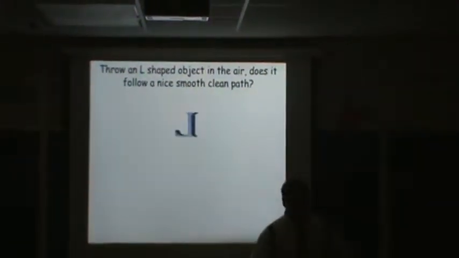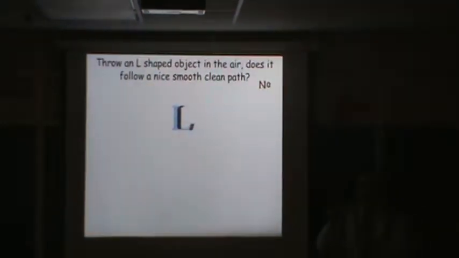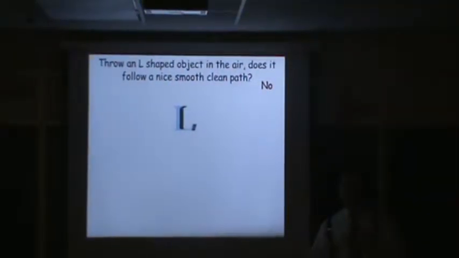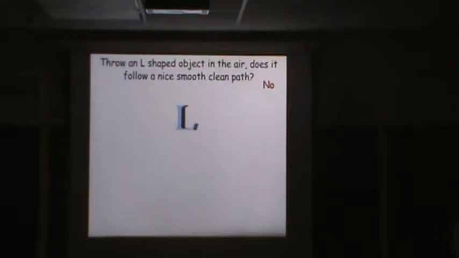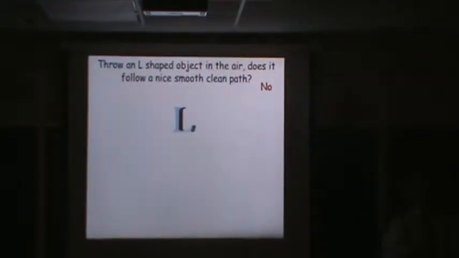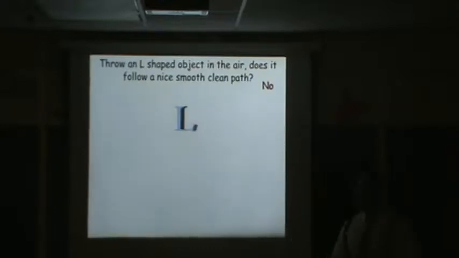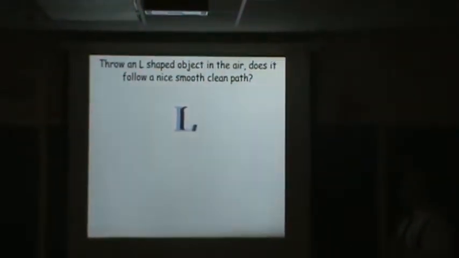How about if I take something like this L-shaped object and toss it in the air? Does it follow a nice, smooth, clean path like the ball does? That's not easy, trying to catch something rotating. No, it doesn't.